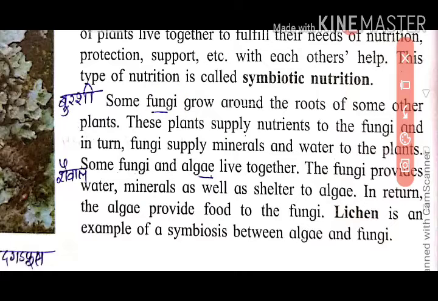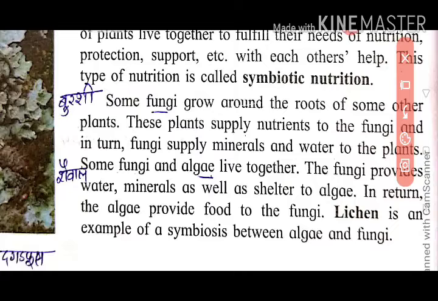First type, some fungi grow around the roots of some other plants. There, that plant supplies nutrients to the fungi, and fungi in return supply minerals and water to that plant. Okay, this is the first type.